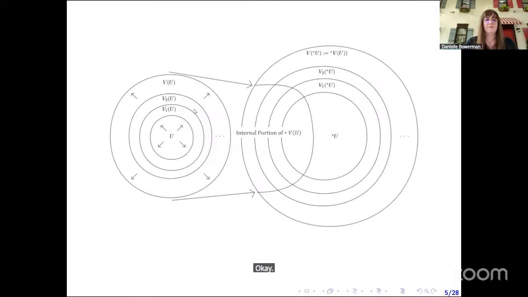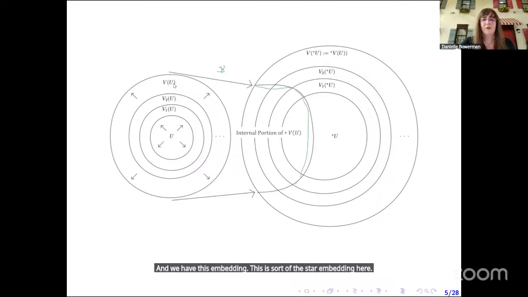So this is just a simple diagram for this whole V of star U. And we have this embedding, the star embedding here. You get not only the image, but you get things inside of imaged elements that form this internal portion.